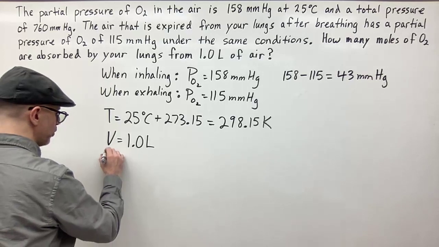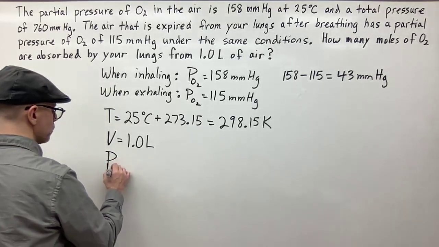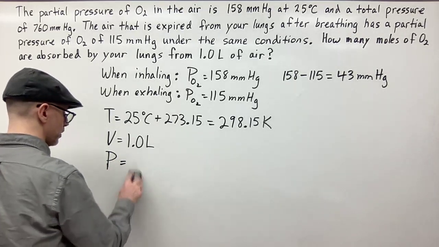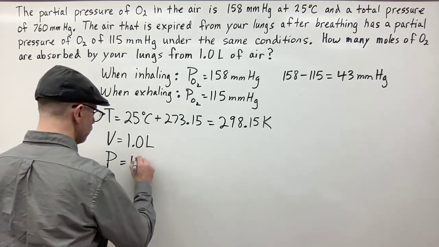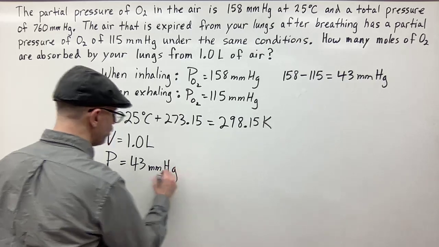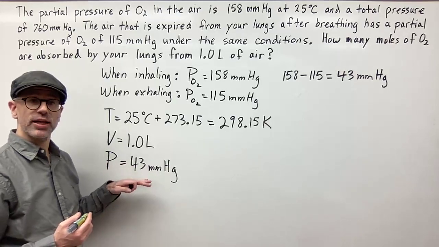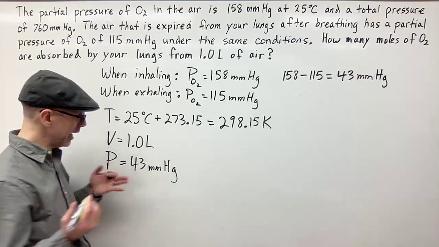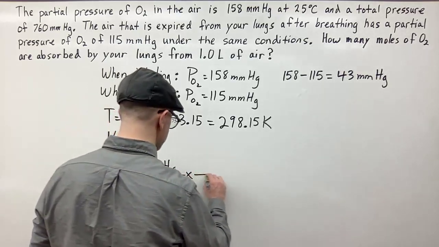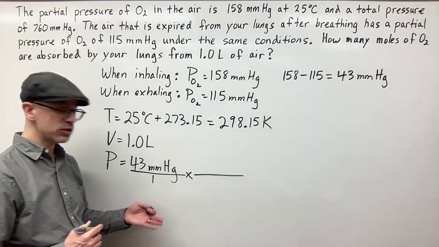So we got temperature, we got volume, we've got the pressure. Let's write that down. So the pressure due to the oxygen absorbed is going to be equal to 43 millimeters of mercury, but we need to convert this to atmospheres because our R value, the ideal gas law constant, is going to be in units of atmosphere. So I know that 1 atmosphere is equal to 760 millimeters of mercury.